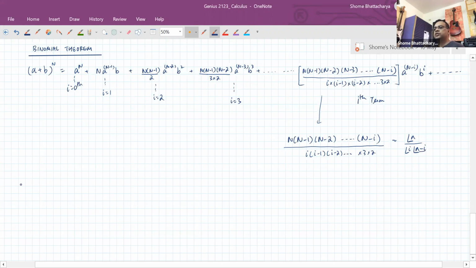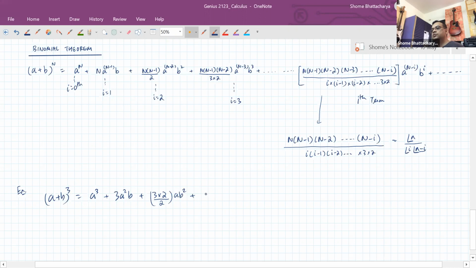Okay, so just as an example, you can see that when I take a plus b to the power 3, the first term should be a cube. The second term becomes 3a square b. The third term becomes 3 into 2, okay, divided by 2. So that just remains 3 only into ab square.